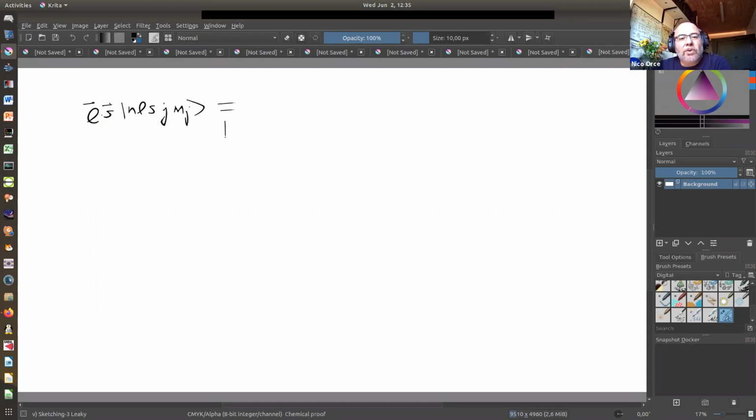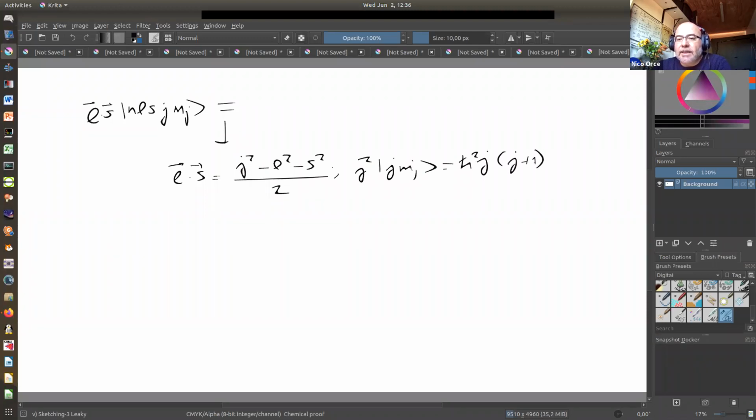So here we introduce that L dot S, which we just deduced, is equal to J square minus L square minus S square, divided by 2, right? And the fact that J square on j m_j is equal to h bar square j times j plus 1, j m_j. This comes from quantum mechanics, and the same applies for L, the same for any angular momentum.